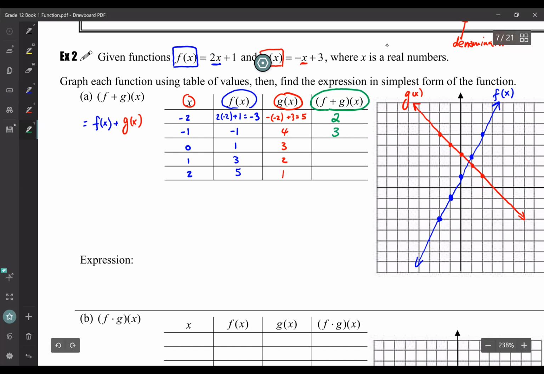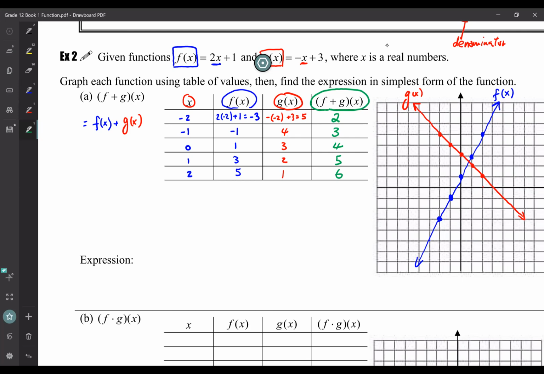Yeah, you just add up the y values, add the value for f with the value for g, okay? And then Emily, next one. 4. Yeah, okay. Donna, next one. 5. Yes. William, next one. 6. Okay. Yeah, you just add the y values, okay?